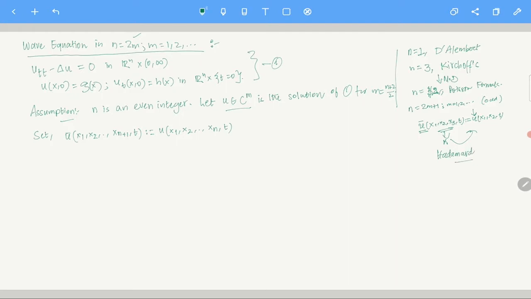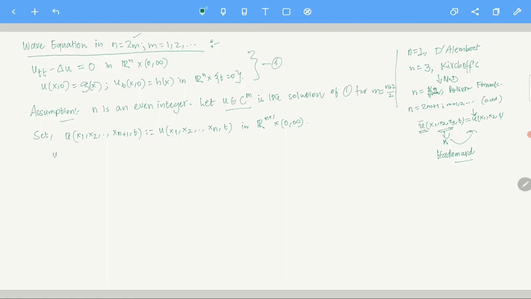Clear? Okay, now when you set something like this, here also I am doing the exact same thing, but just in higher dimensions. So this is, of course, in R^(n+1) cross (0, infinity). Clear? Okay, and what is the initial condition?